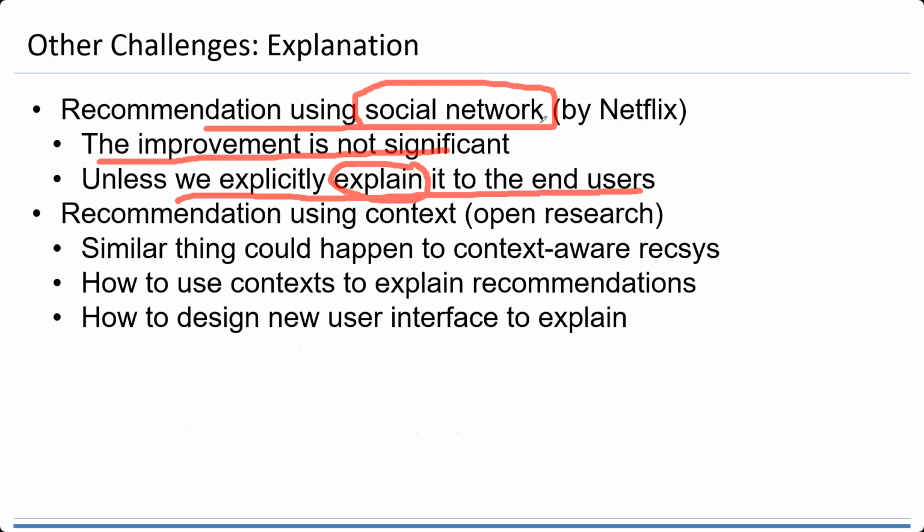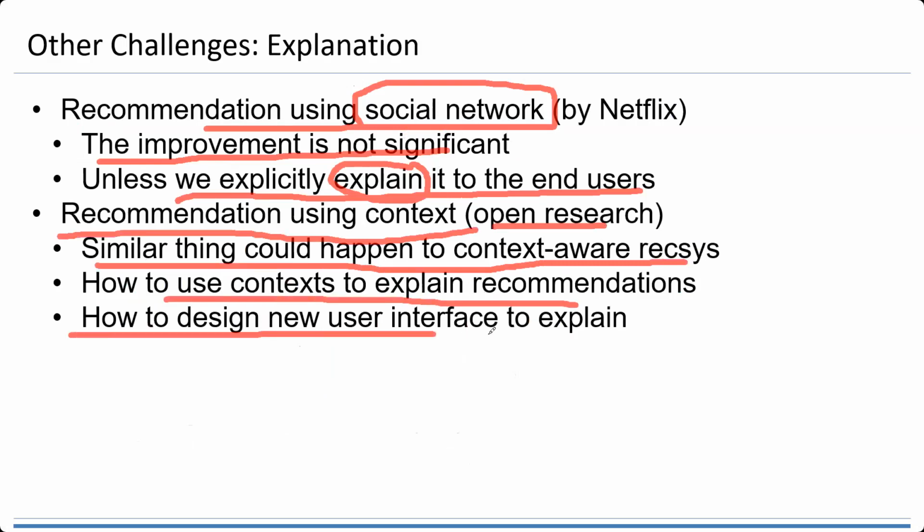So using the rating itself is not that significant. Recommendation using context is still open research. A similar thing could happen in context-aware: how to use context to explain recommendation, and how to design a new user interface to explain.